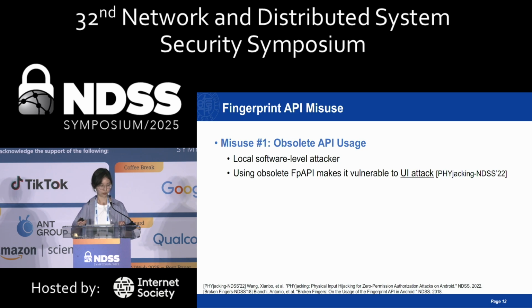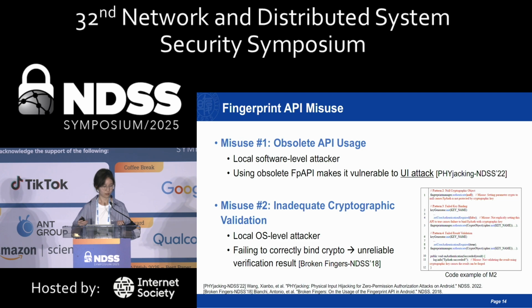The first misuse, obsolete API usage, considers a local software-level attacker, such as a local malicious app or SDK. The work Feedjacking in NDSS 2022 shows that using the obsolete FpAPI will make the app vulnerable to UI attack, hijacking the fingerprint.